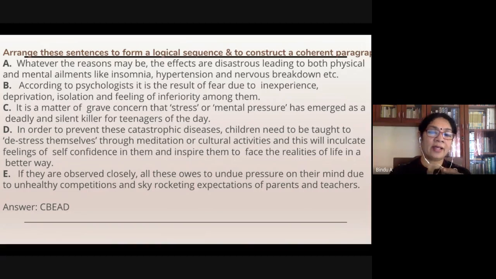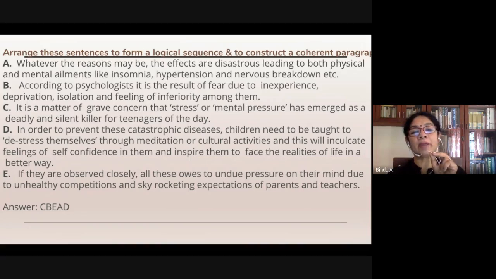If they, these are again pronouns which you can underline to indicate to yourself that this sentence should ideally come after a sentence where something that this they or these refer to has been mentioned. Okay, so once you have read the sentences, you realize that this is all about stress or mental pressure, and you have located that sentence where it is very clearly mentioned. So C should ideally be the first sentence of this paragraph.